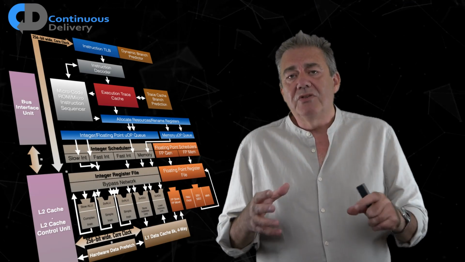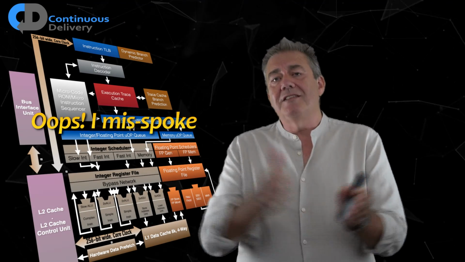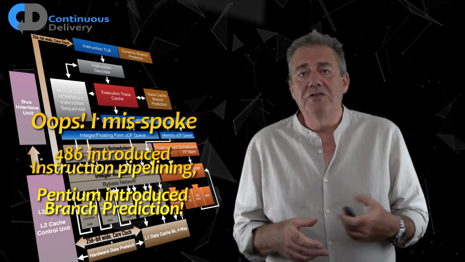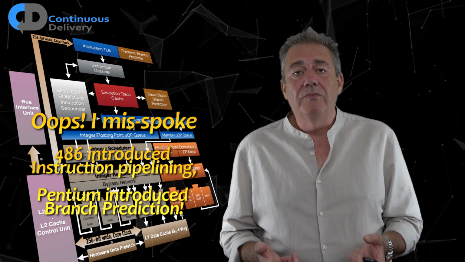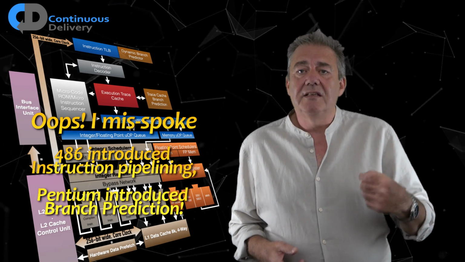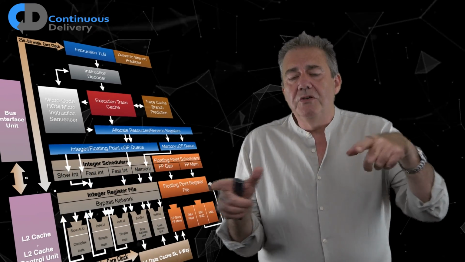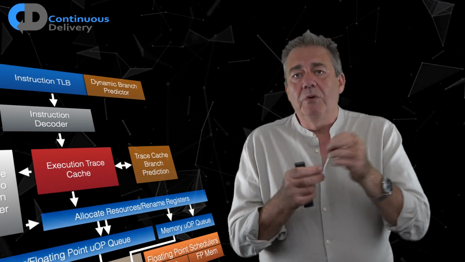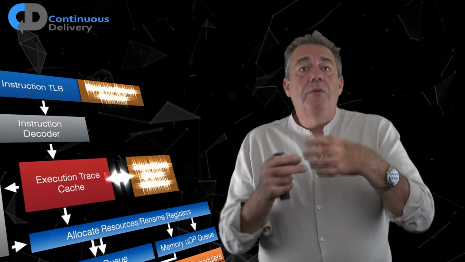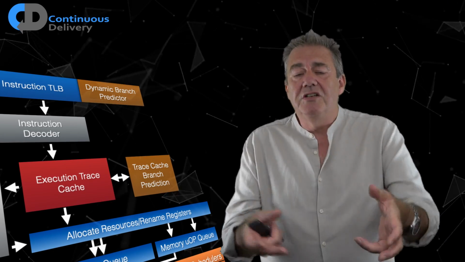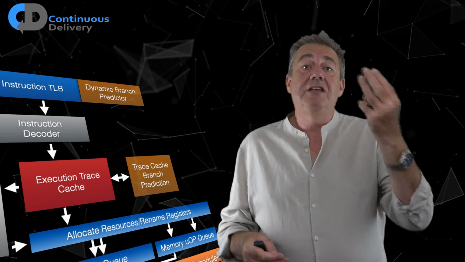An Intel processor, from the 486 processor onwards, did a branch prediction algorithm. What happens is that when you get to a branch in an Intel processor, it will spawn off three threads of execution.